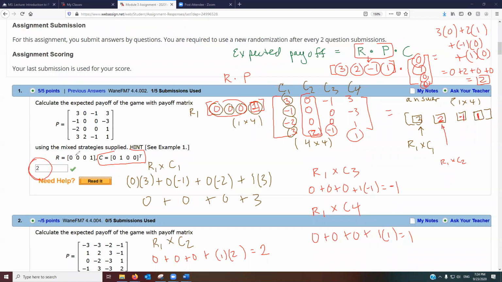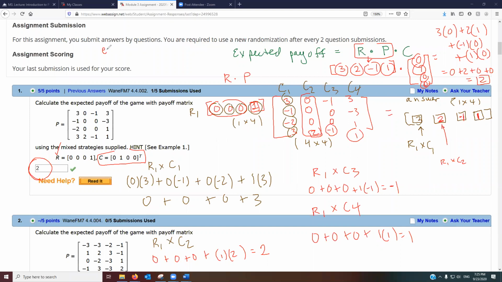So this player R, in the long term, expects to win at this game, and the payoff would be 2. Let's say $2, for example. If this had been a negative number, it would tell me that R is going to lose money over the long term. Okay, so this is the way to figure out the expected payoff.